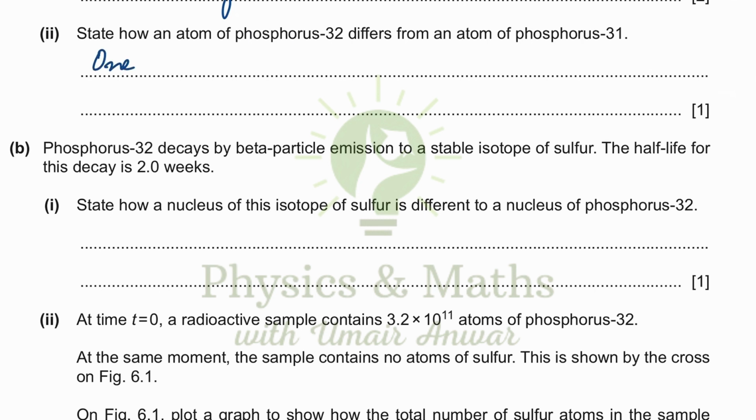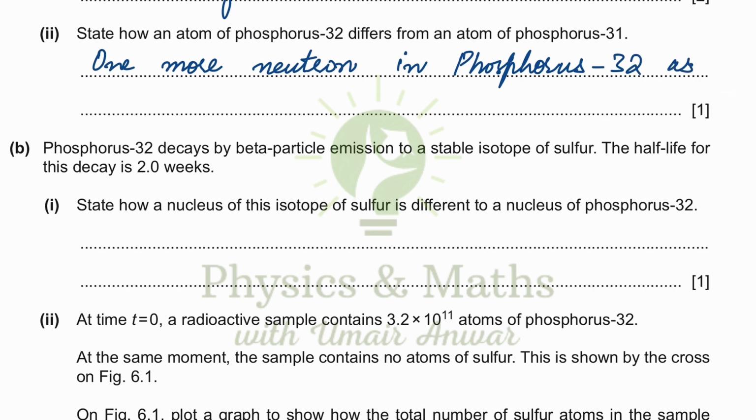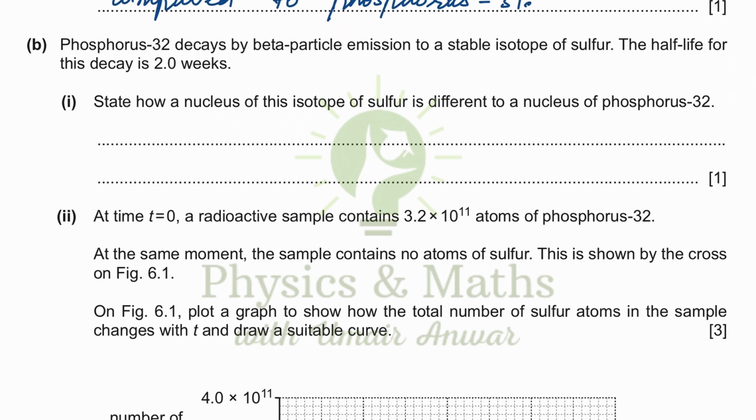So, there is one more neutron in phosphorus 32 as compared to phosphorus 31. Phosphorus 32 decays by beta particle emission to a stable isotope of sulfur.